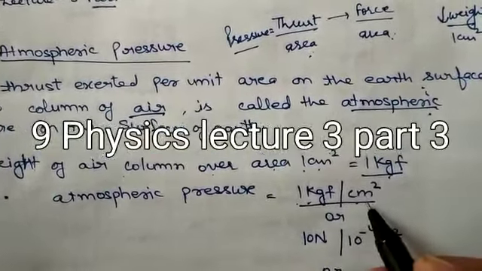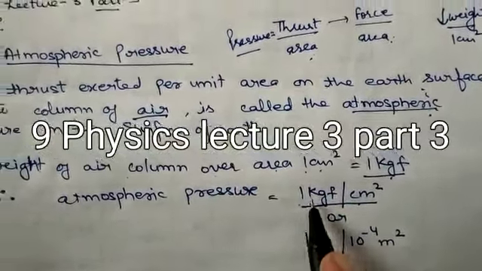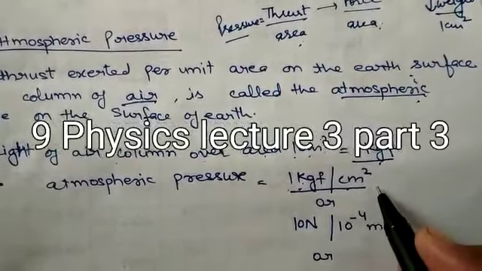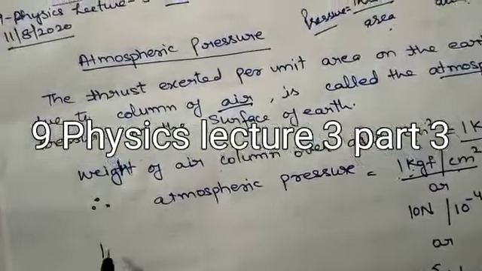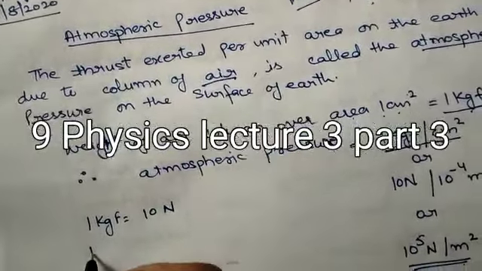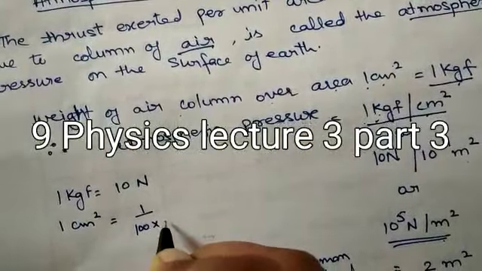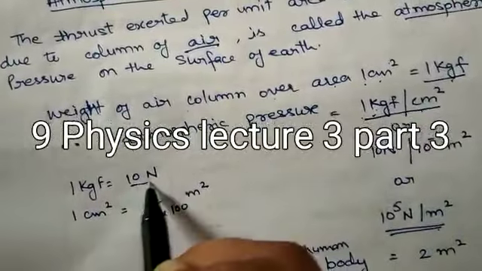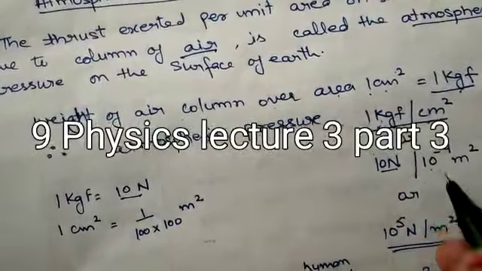If we want to convert both of these units into SI units, kgf is going to be converted into Newton, whereas centimeter square is going to be converted into meter square. You know very well that 1 kgf is equal to 10 Newton and 1 centimeter square is equal to 1 by 100 into 100 meter square. So it is 10 Newton divided by 10 raised to power minus 4.